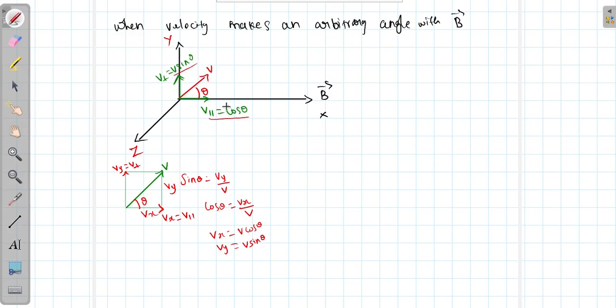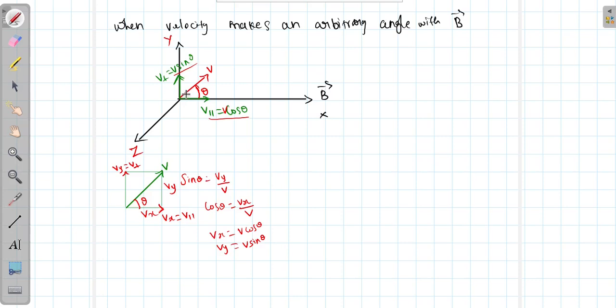See, most of the time the angle is with the horizontal. 99% of the time in physics, you always get the angle theta with the horizontal axis. It means that the parallel component is always V cos theta.